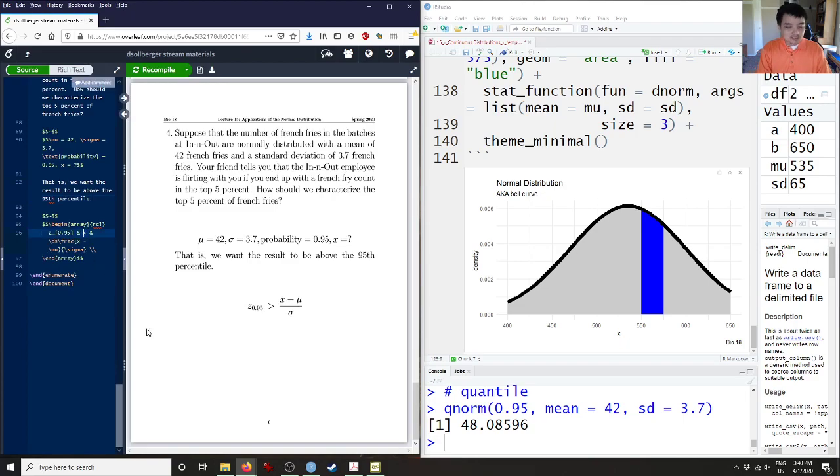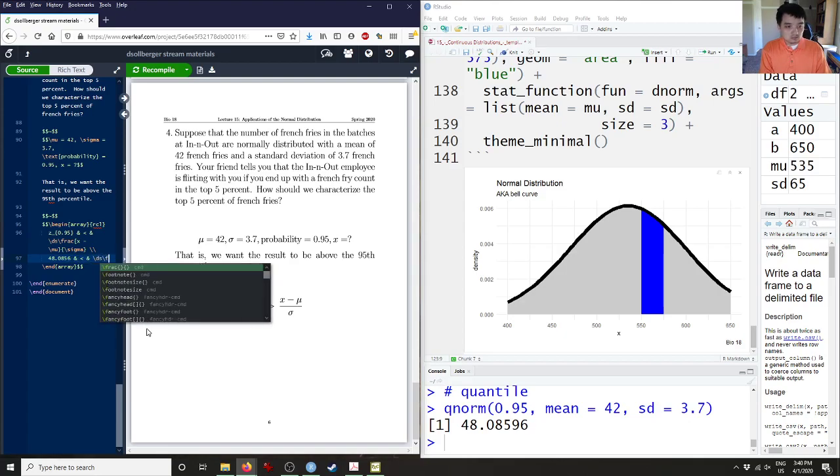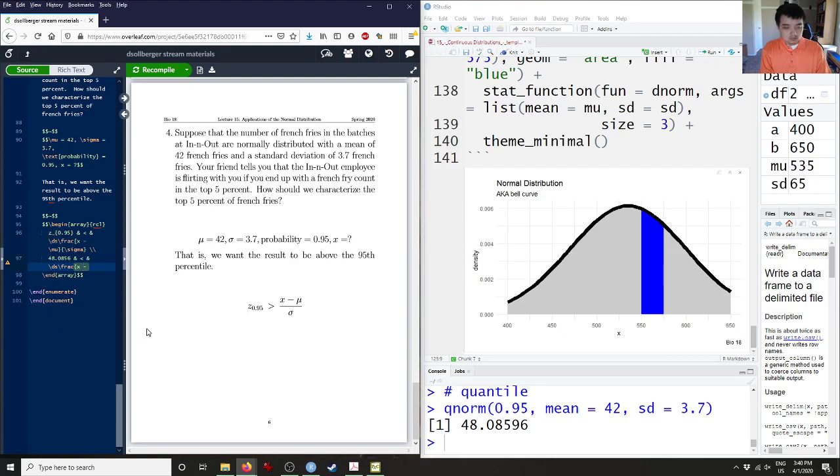And I apologize, I had the inequality going in the wrong direction. So we take the number that we get from the qnorm function and place it there in the strangest part where I had the z sub 0.95.